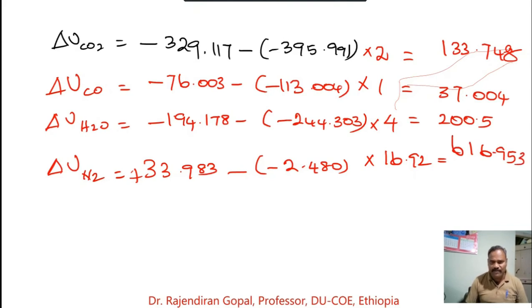Then the summation of these will give 988.205 megajoule per kilomole of fuel.